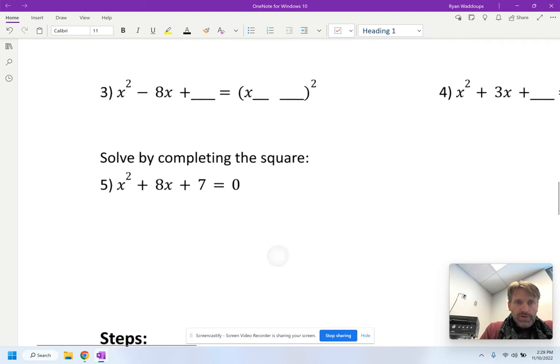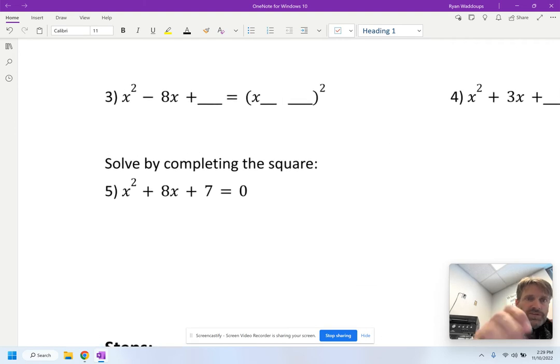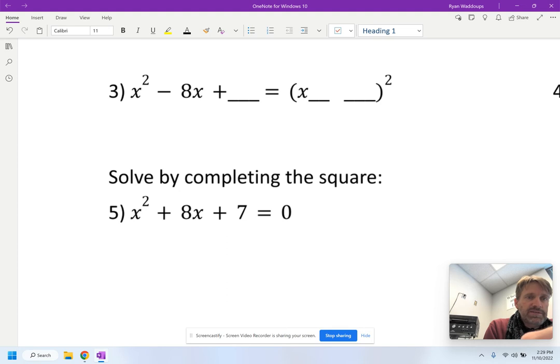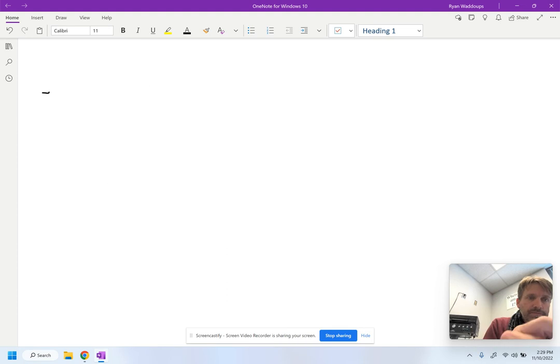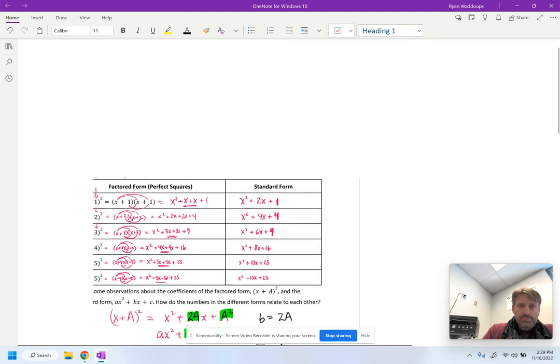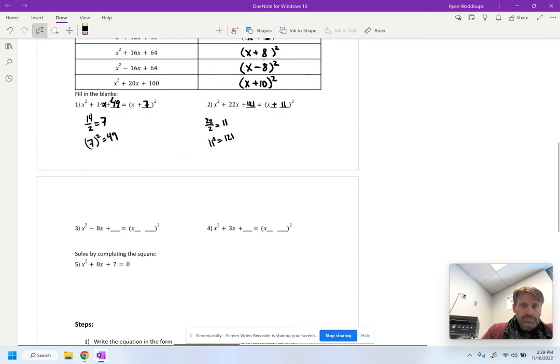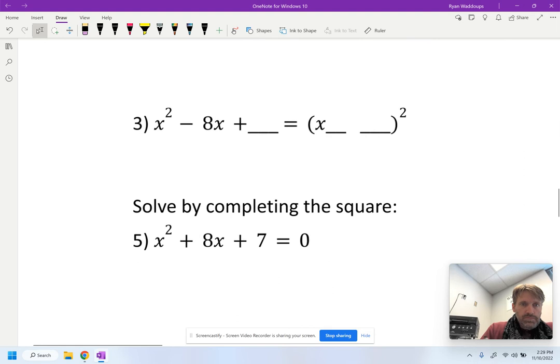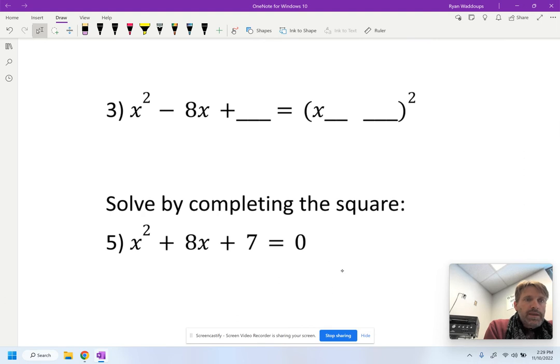All right, number 3. The first thing we want to do to fill in these blanks is take -8 off to the side. We write -8 divided by 2 equals -4.